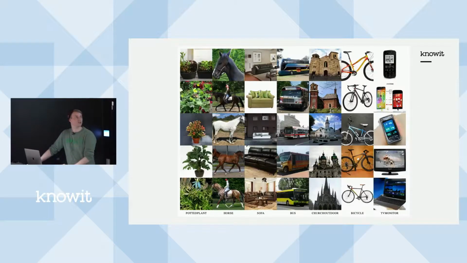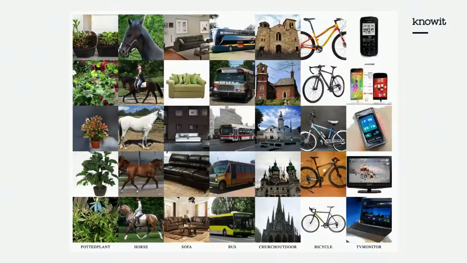Here we have yet another set of examples. This one's from the same network as the celebrities in the first image, created by NVIDIA. All of these images, at first look, look just like normal images. It's really hard to distinguish. Like the sofas could just be from the IKEA catalog.